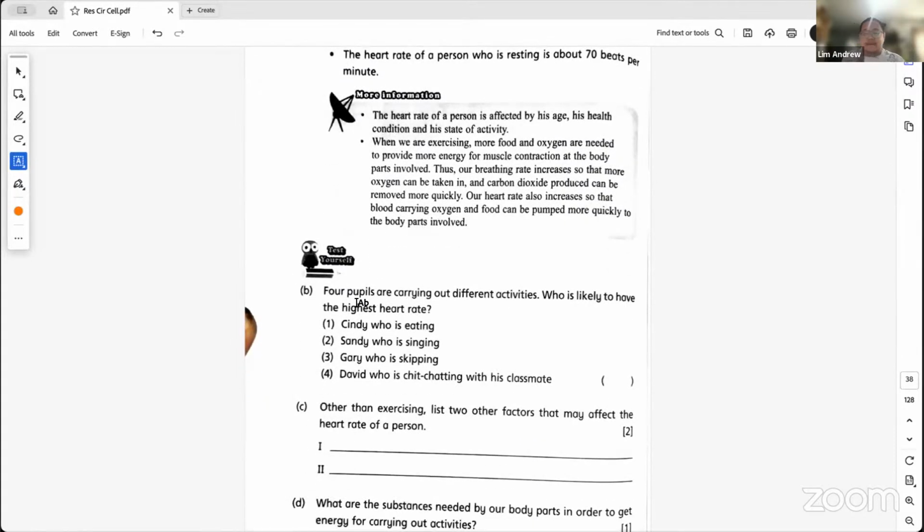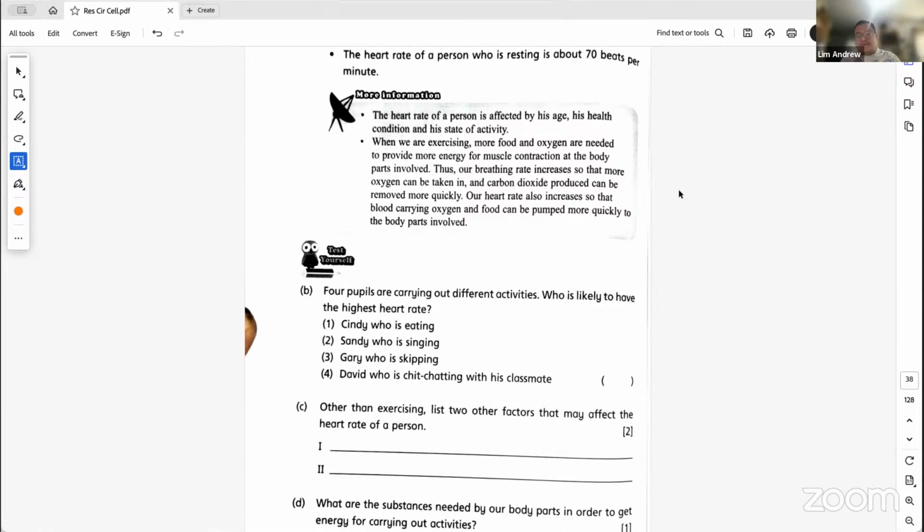4 pupils are carrying out different activities. Who is likely to have the highest heart rate? Any volunteers? 5, 4, 3, 2, 1. No one? Okay, let's carry on. So we have Cindy who is eating. When you see the word eating, it means I'm sitting down on my chair, eating my sushi, slowly enjoying.